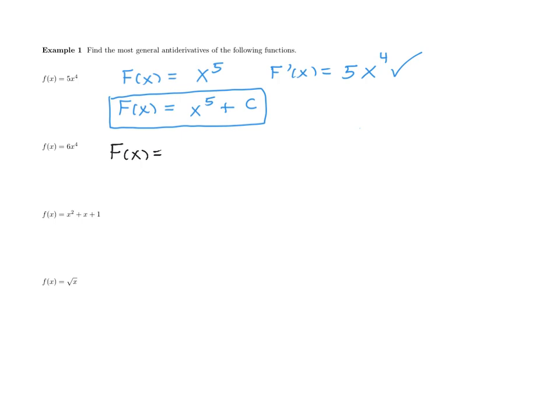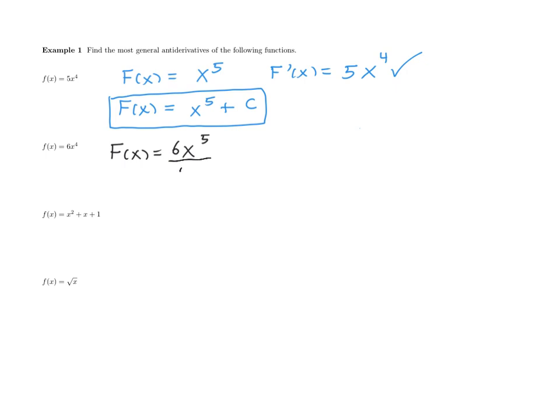Well, we still have to have an x to the fifth. I think we'll have to leave this 6 in front of this function, and we could use this as our guess. But thinking ahead, this isn't going to work. If you bring down the 5 and multiply it to the 6, you get 30 x to the fourth, and I only wanted 6. What could I do to correct this?